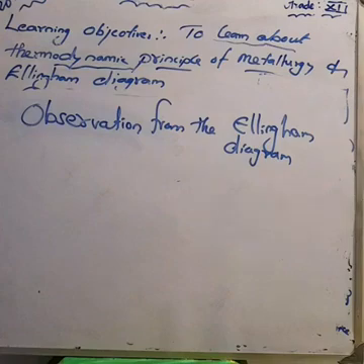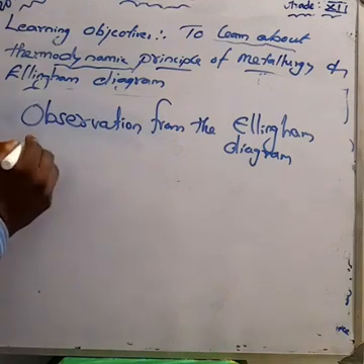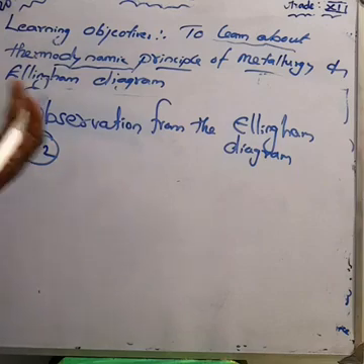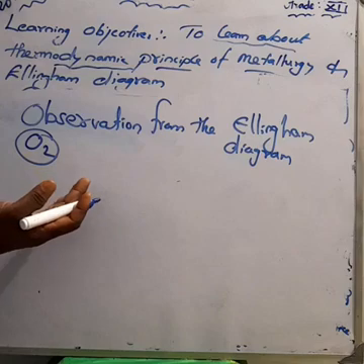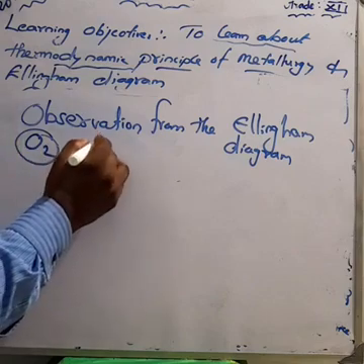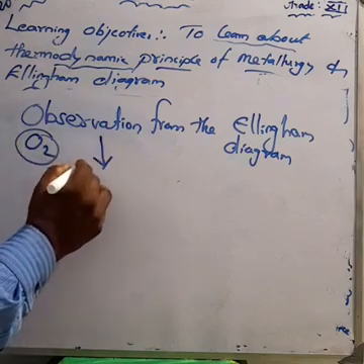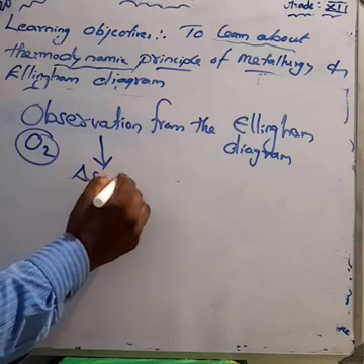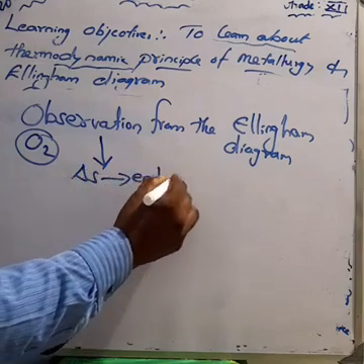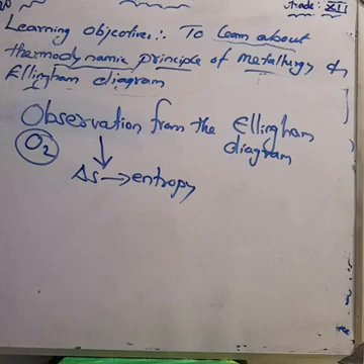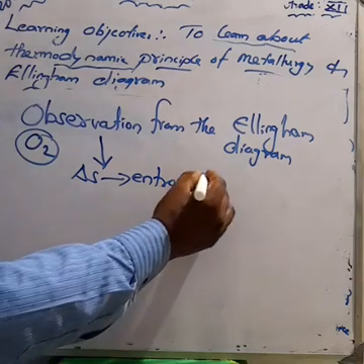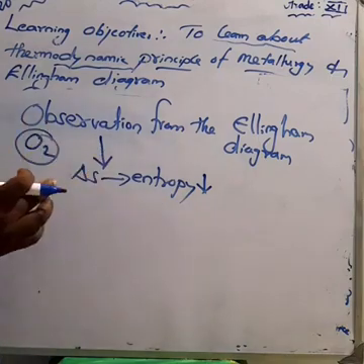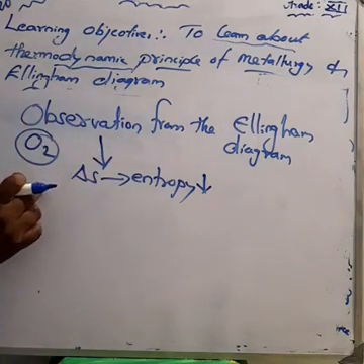Oxygen gas is consumed during the formation of metal oxide, which results in a decrease in randomness. A decrease in randomness means entropy decreases. Am I right? From the beginning, the metals combine with oxygen.